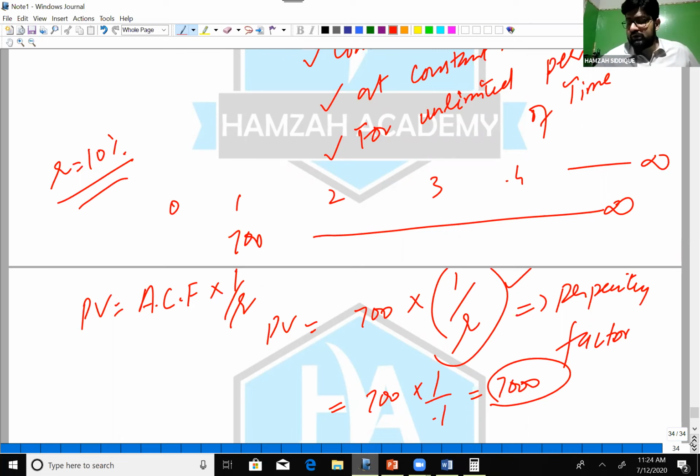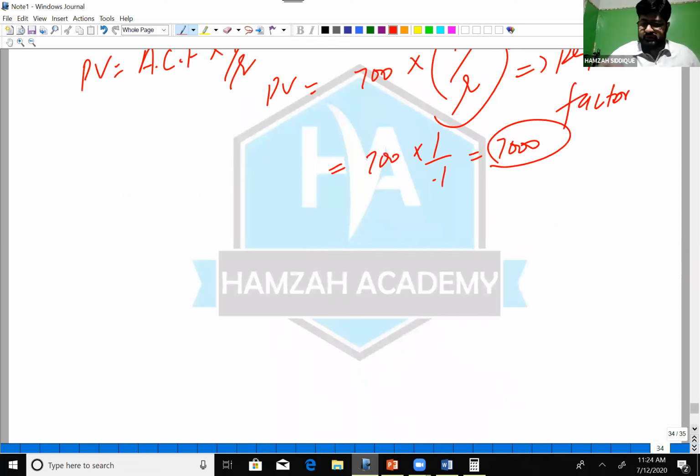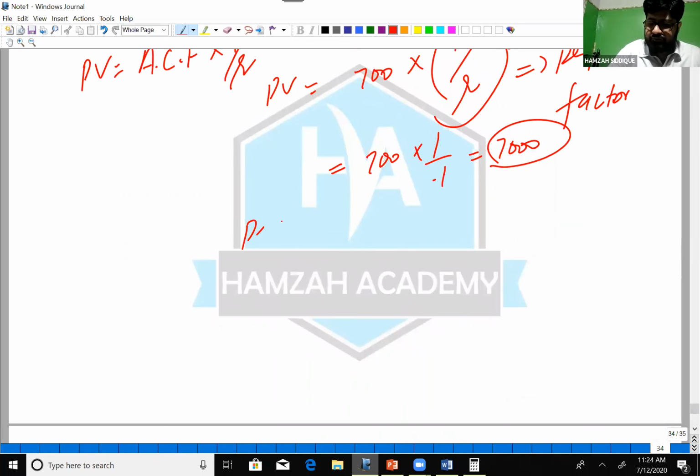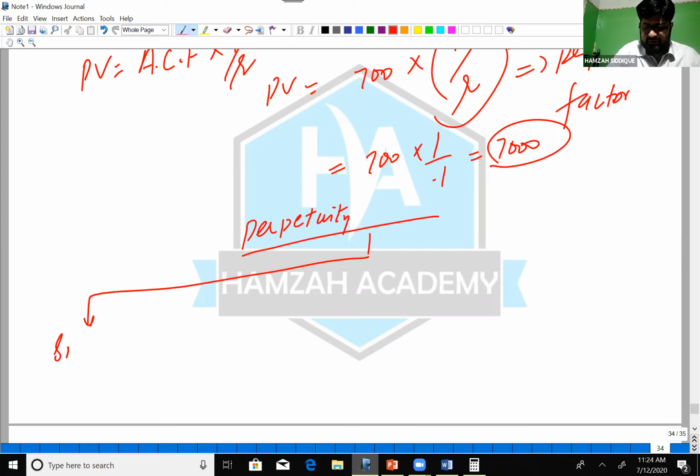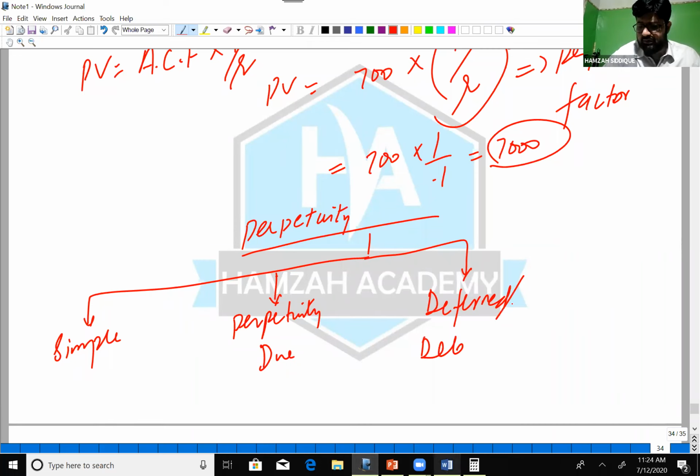Perpetuity is of 4 types in our syllabus. Simple perpetuity, perpetuity due or advance, deferred or delayed perpetuity, and perpetuity with growth.